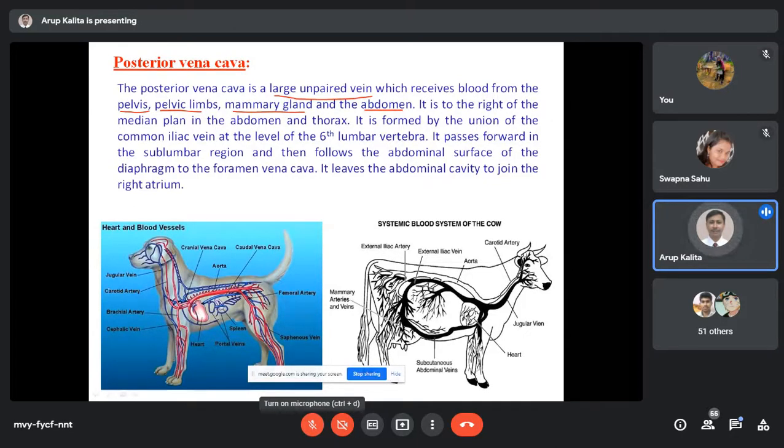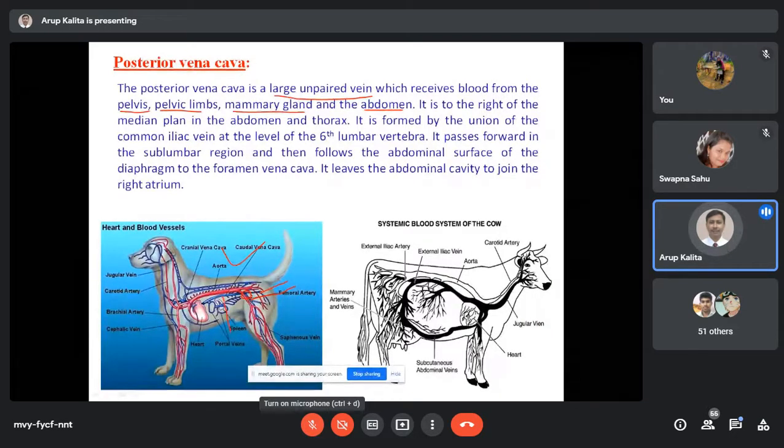It is an unpaired vein. Here in this photograph, the blue color is the vein. This is the vein coming from the pelvic limb. These are coming from the pelvis, and ultimately it will join here, and this is the posterior vena cava.